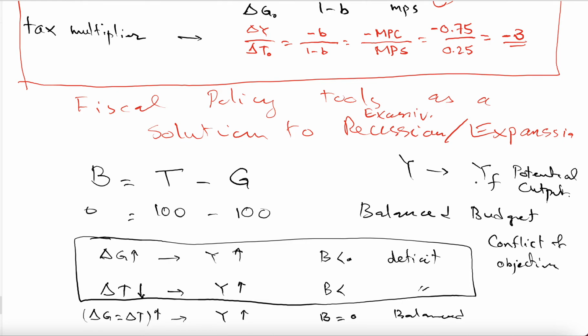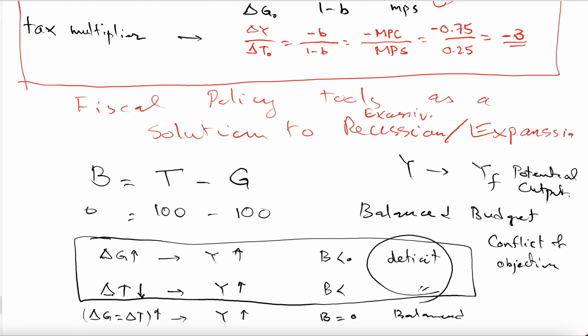For the sake of removing recession or expansion, we may decide to change one of these items, but if you only change one of them, either T or G, you definitely are going to contribute to the deficit. So one objective is to have a balanced budget. Another objective is to have a full employment output.